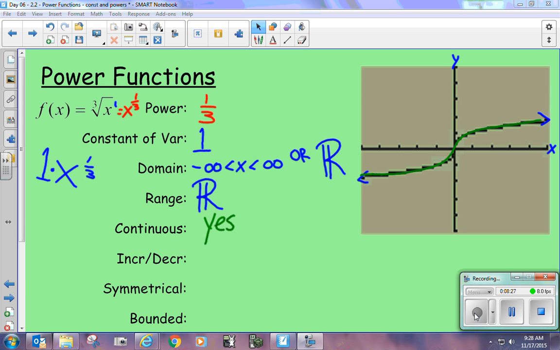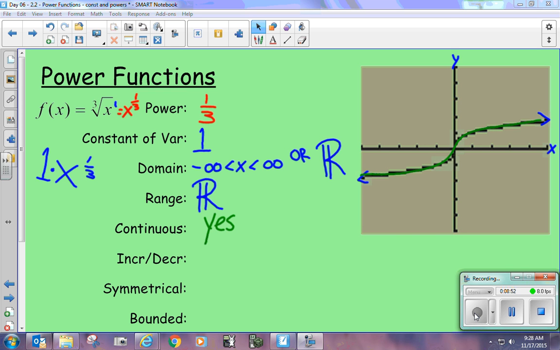Increasing and decreasing. How can we tell if something's increasing versus whether something's decreasing? It's a slope, whether it's a positive or negative slope, correct? So let's take a look at this. Is there any place where this thing looks like it has a negative slope? Third quadrant.